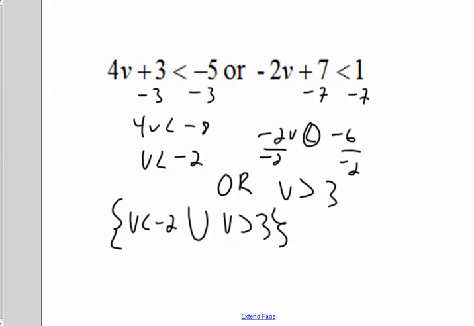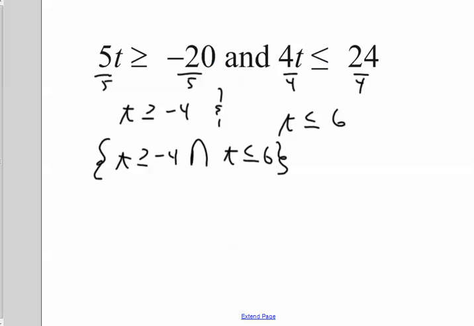So if we're going to fix it, might as well do it right. With that one, we would just go ahead and say v such that v is less than -2 or v is greater than 3.